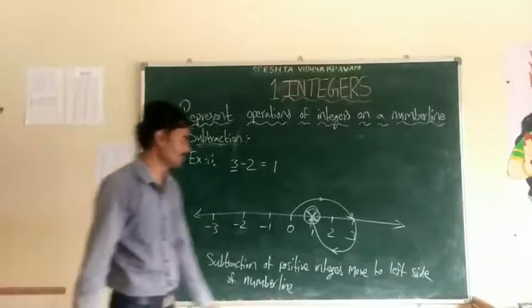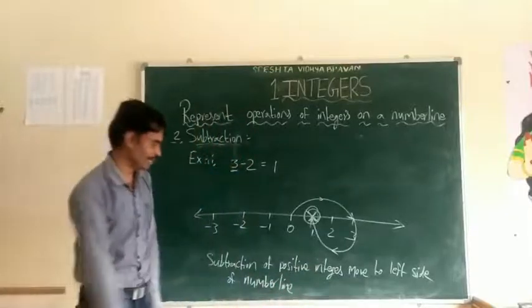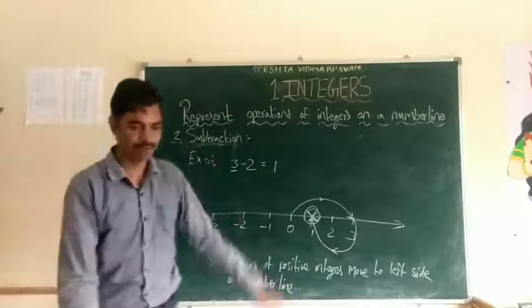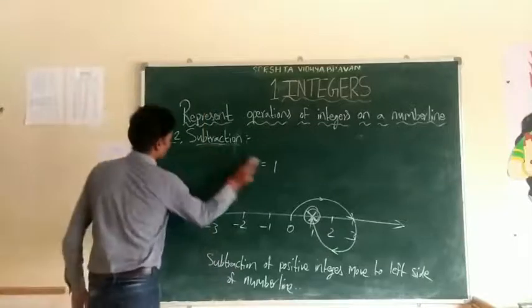Subtraction of positive integers, move to the left side of the number line. And next, example 2.